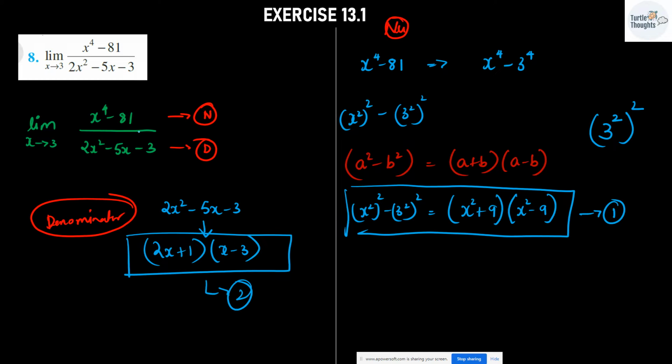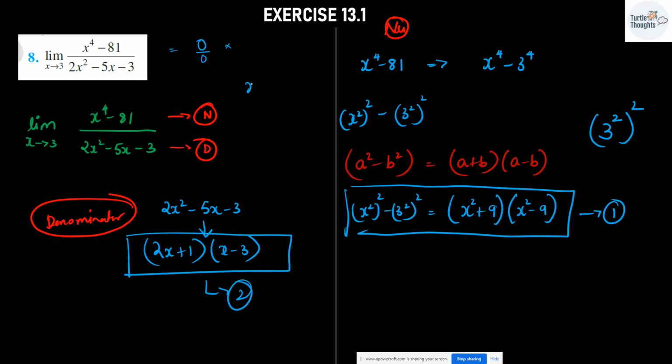So let me repeat again what we are doing. First, we observed that whenever we substitute directly the value of 3 in the given function, we are getting the value as 0 over 0. So this is indeterminate. When we have indeterminate form, we need to change the function in a way that it remains the same but it is different.